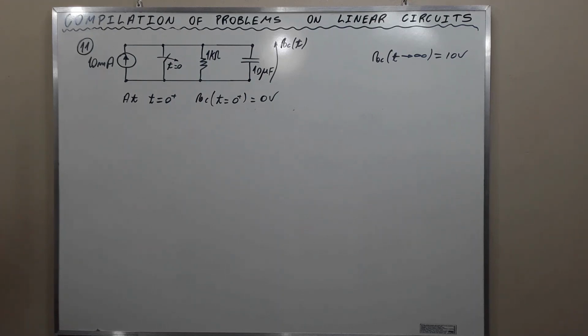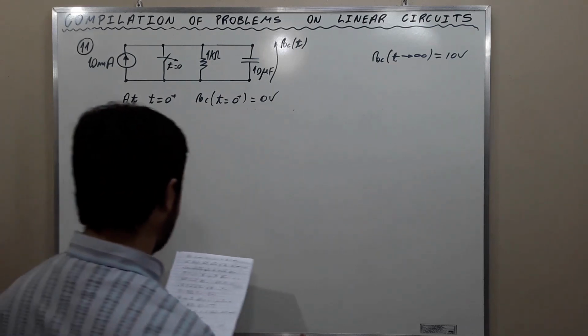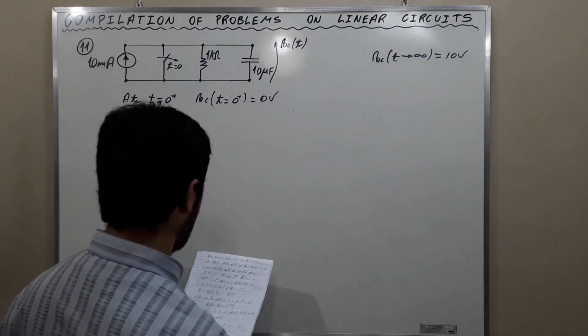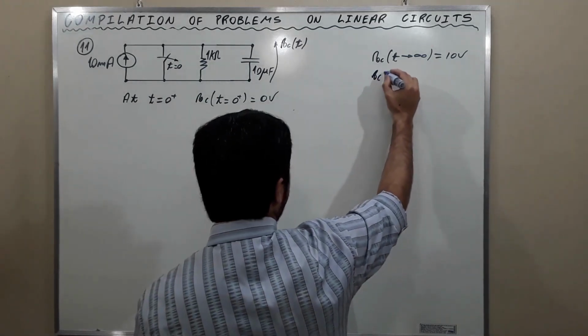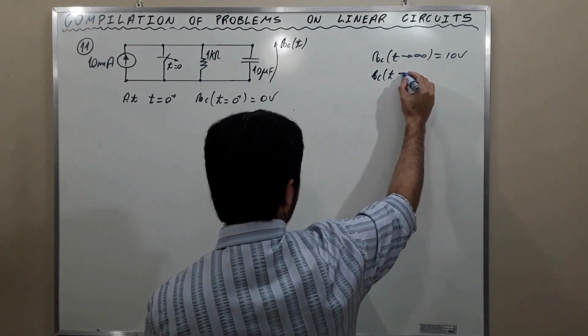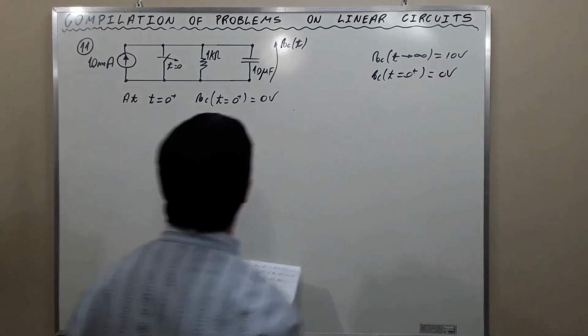The time constant of the circuit is, let me put it here to not forget. Vc at t equal to 0 plus is equal to 0 volts.